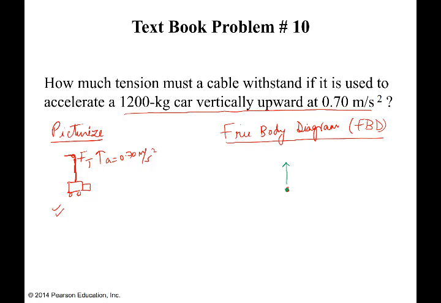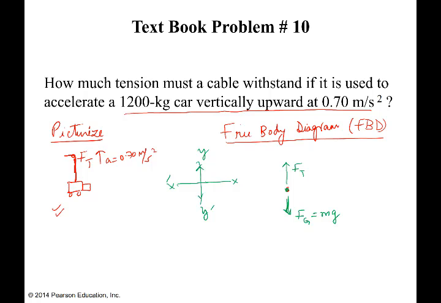The force acting in the upward direction is the tension force, and the force acting in the downward direction is the weight, that is Fg, which is equivalent to m times g. There is no horizontal force in this, no forces are acting in the x direction. There are only forces in the y direction, one acting upwards and one acting downwards, because it's not going anywhere horizontally, just lifted up.